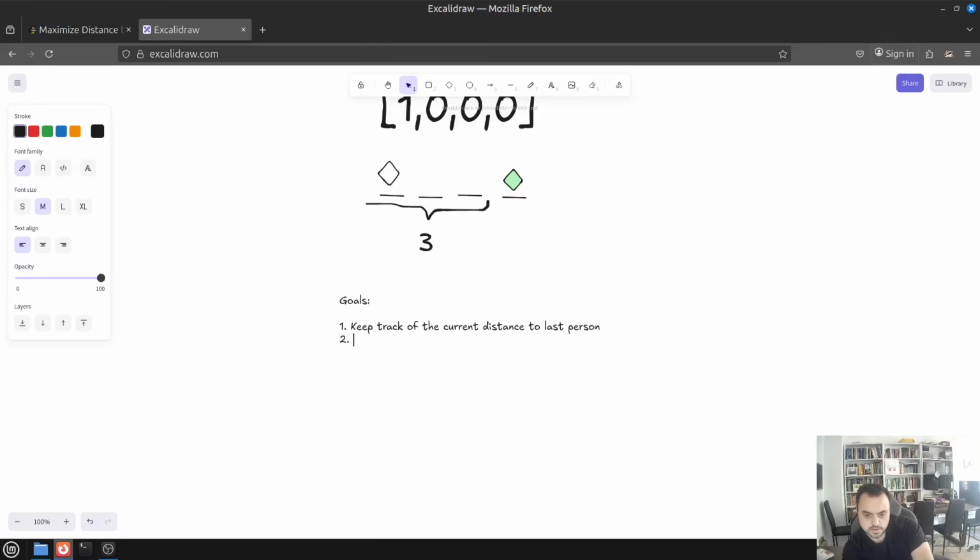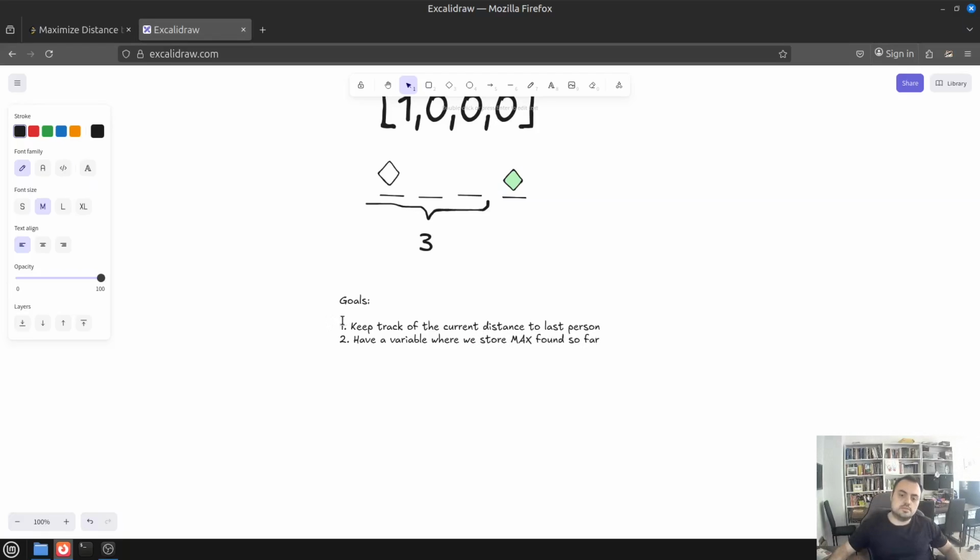And we can also have a variable where we store the biggest max found so far.